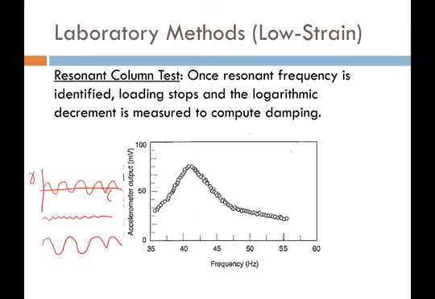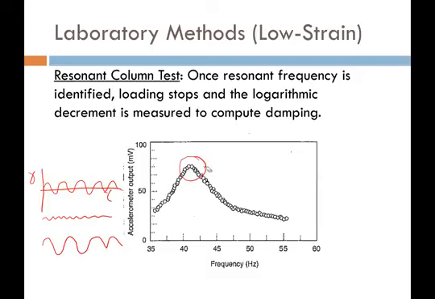But the point is, if I adjust the frequency and leave the amplitude constant and we measure the accelerometer output, the accelerometer being mounted on the lid of the resonant column test, what we're going to find is that a certain frequency of our applied waves is really going to get that soil humming.